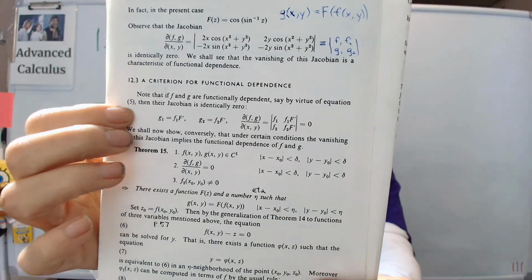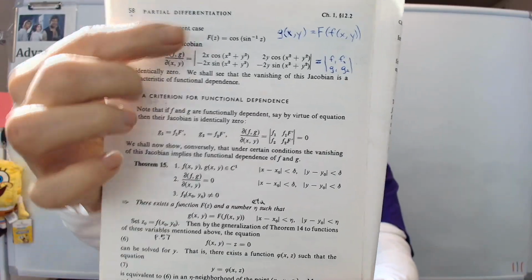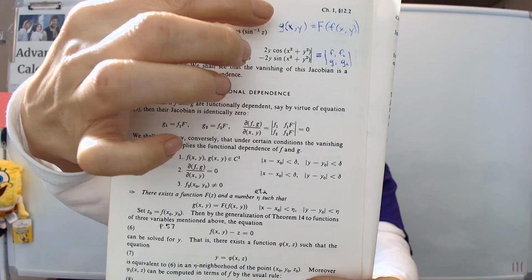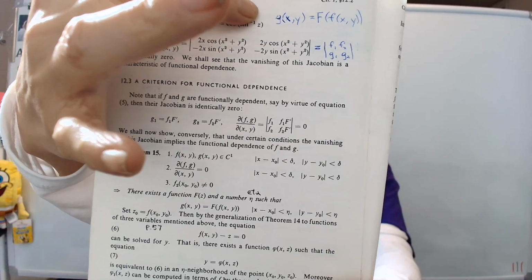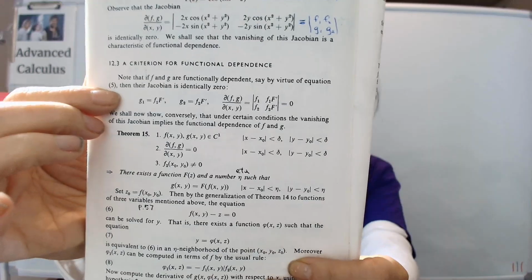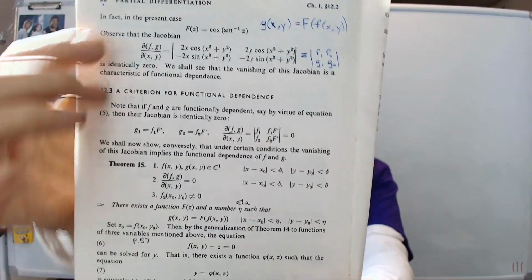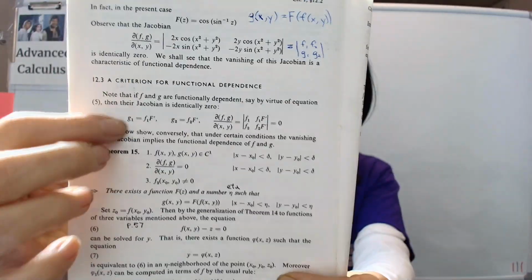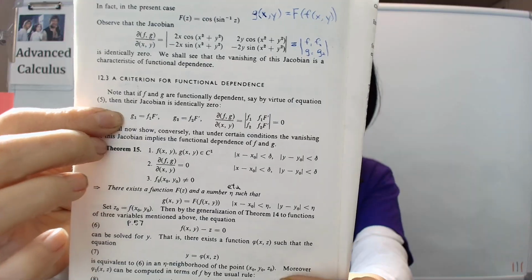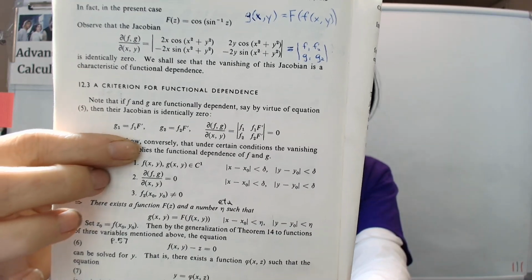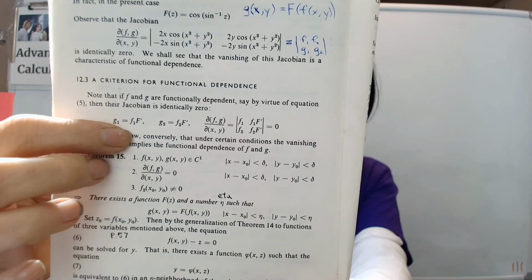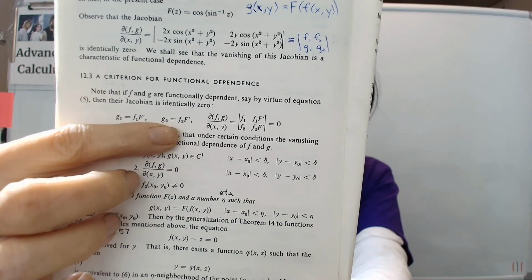First, let's consider this part real quick. If f and g are functionally dependent, that is, g equals some big F of little f, then we have equation 5, which I wrote up there. If you do this math real quick, then g1 will be big F prime times little f1, and similarly for g2.